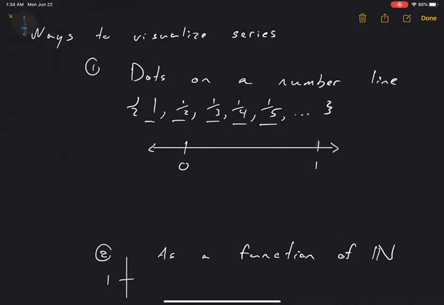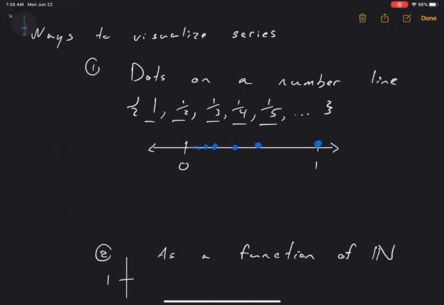Well, the first term, A1, was just 1, so that'd be there. And then A2 would be at 1/2, which is about there. A3 is at 1/3, which we'll call there. Then 1/4, 1/5, 1/6, 1/7, and so on.